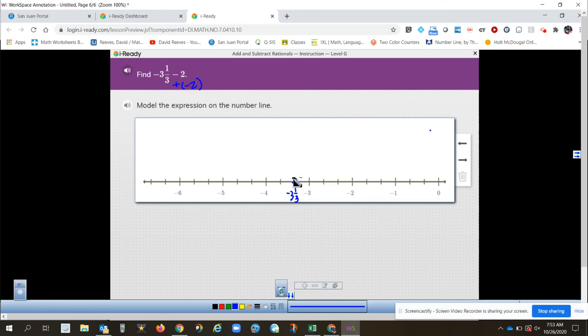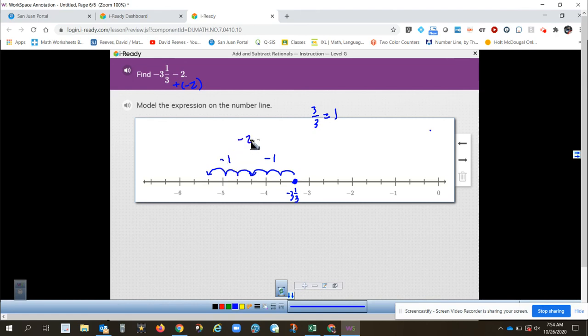If you think about it, each of these is a third. So how many thirds make one? 3/3 make a whole. So I need to go 1, 2, 3, and that counts as moving 1 to the left. And then I need to do it again: 1, 2, 3, and that counts as going another 1 to the left.